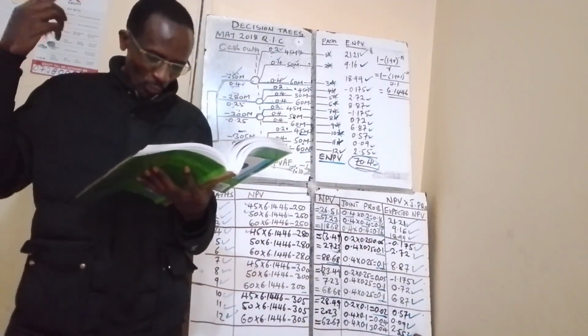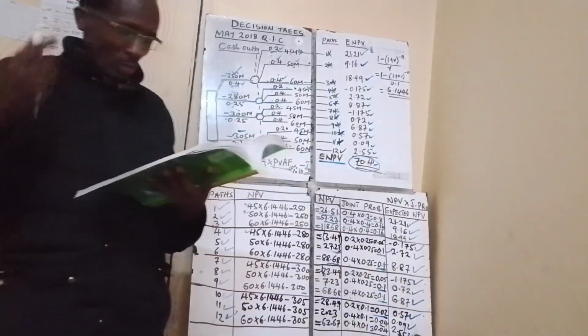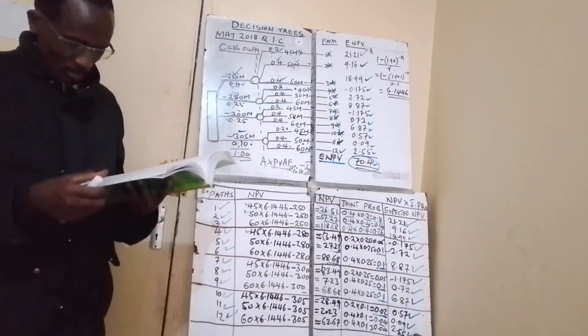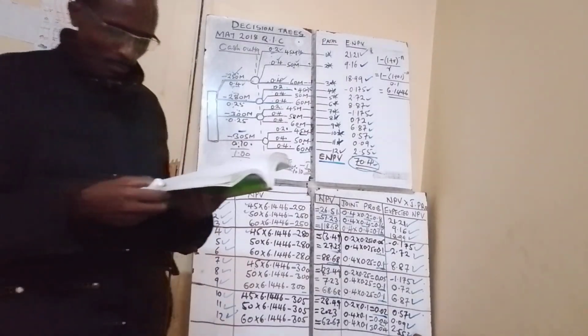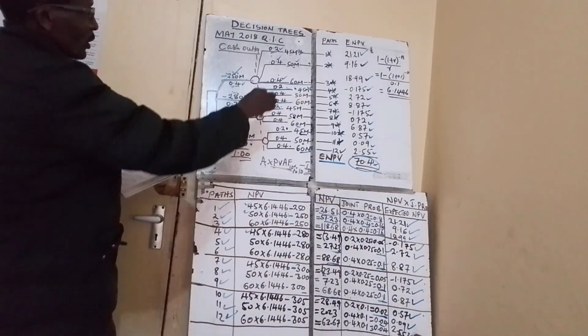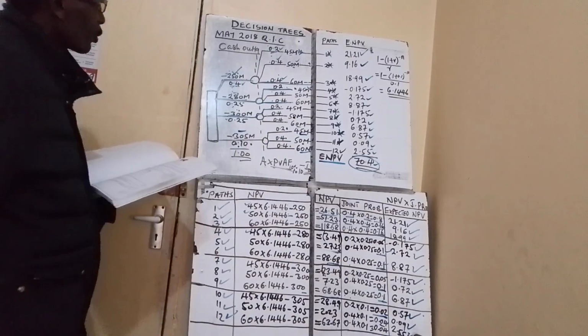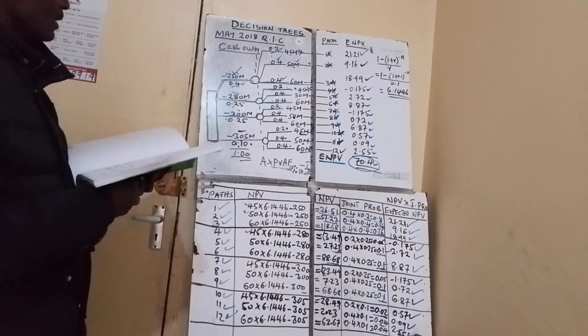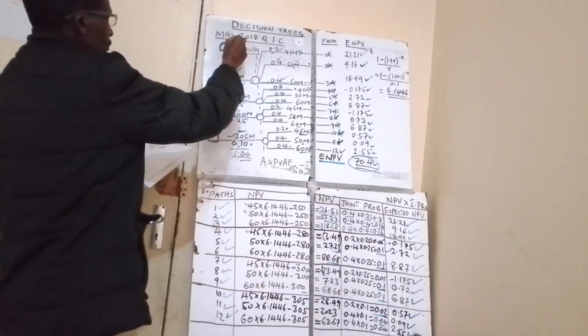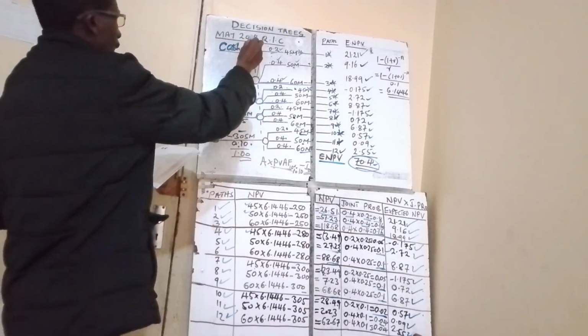So you are told to construct a decision tree for the investment to show payoffs, probabilities, and net present values for each alternative. So this is your decision tree. Should look something like that. So remember, this pattern is for cash outlay.